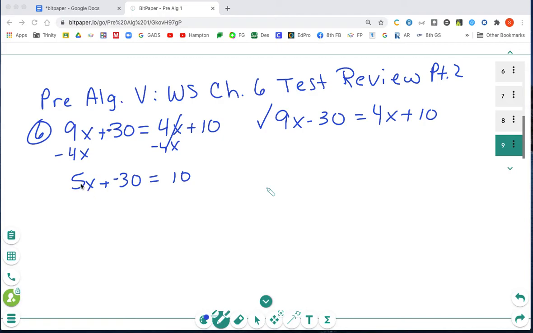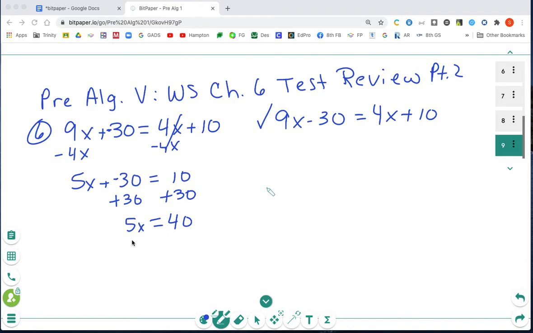Yes, it is. Is it alone? No, it is not. So we are going to zero pair the 30. That's going to give us 5x is equal to 40.